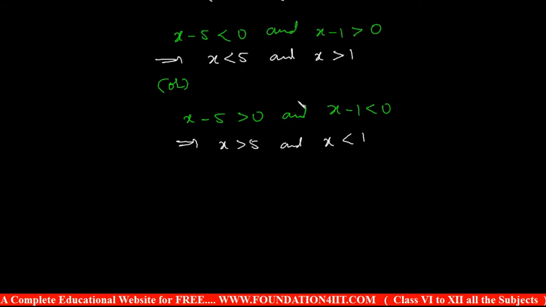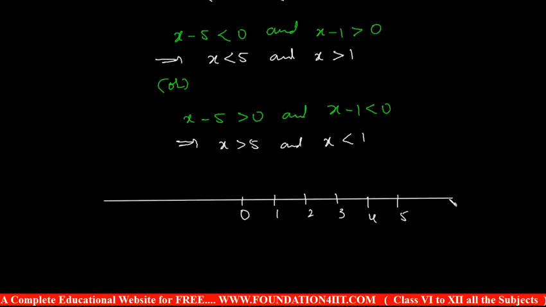Now to make the common solution using all this, if you check the number line, you get a clear idea. So first one, x is less than 5. It's 0, 1, 2, 3, 4, 5, and so on. This side is minus 1. So x is less than 5 means from 5 all the lesser values this side.